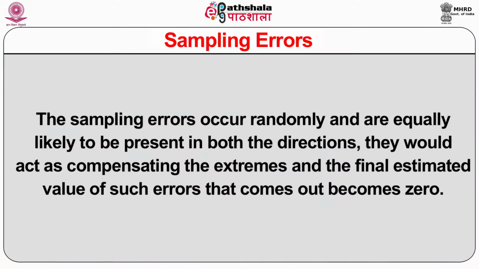The sampling errors occur randomly and are equally likely to be present in both directions. They would act as compensating the extremes, and the final estimated value of such errors becomes 0. Chances of sampling errors are directly proportionate to the sample size.